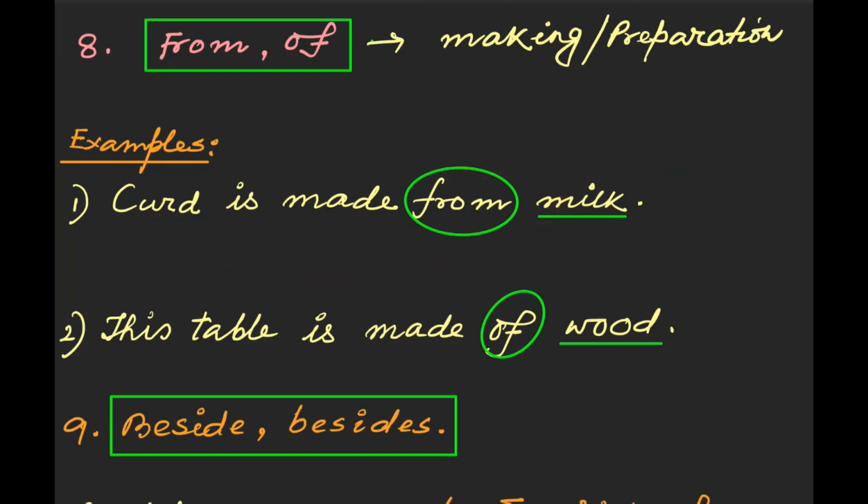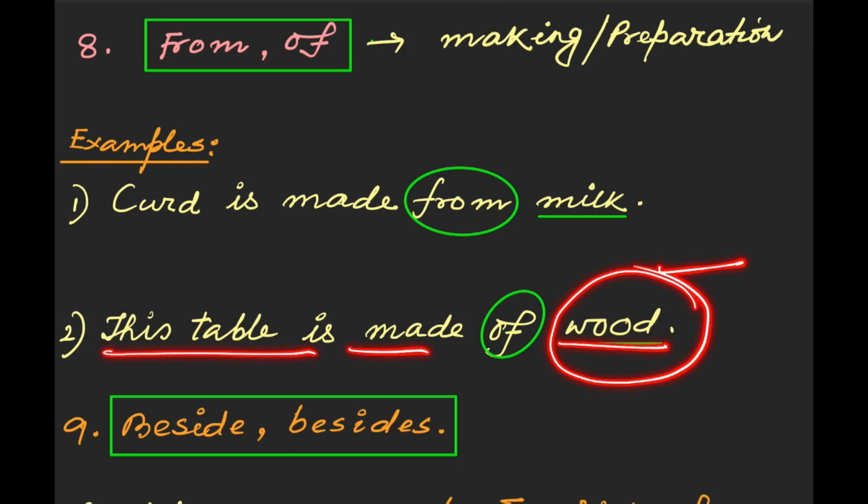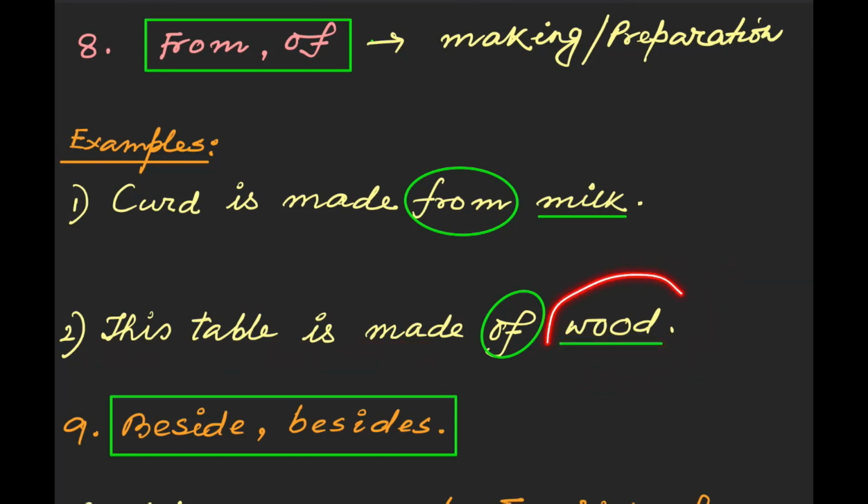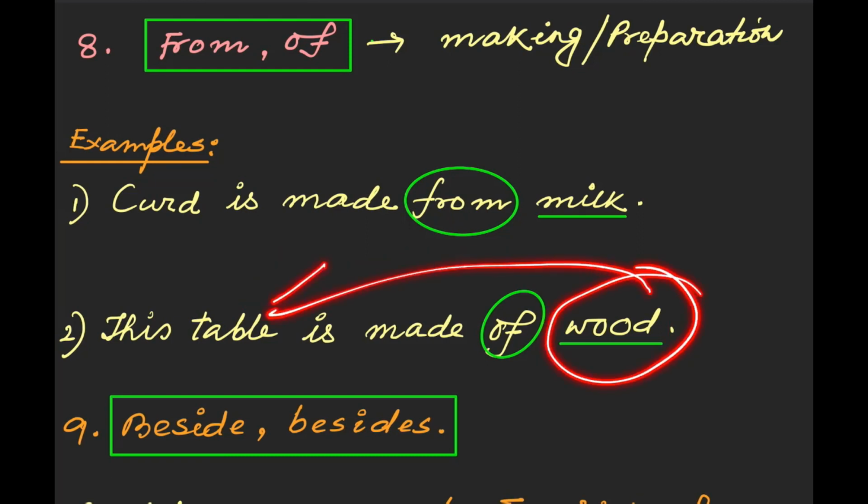And see the second example, then your idea will be clear about the difference between this. Second example is, this table is made of wood. Here the material is wood, but it has not lost its own state into the table. From the table you can get back the wood.